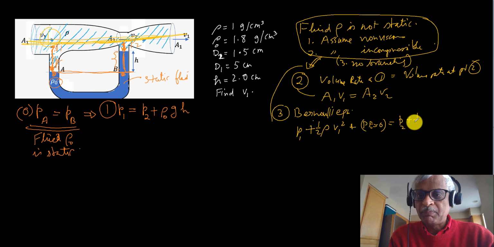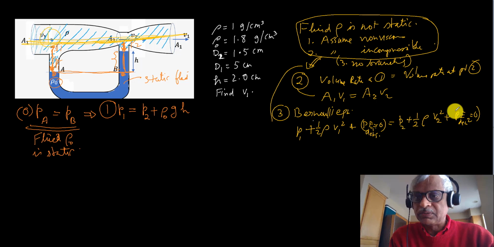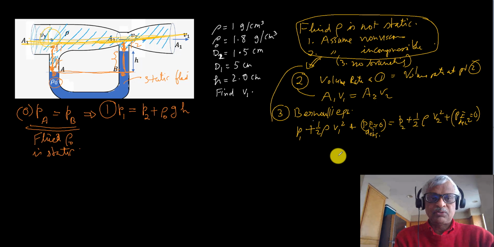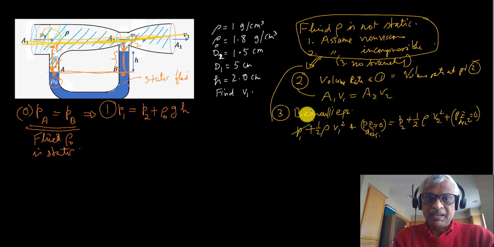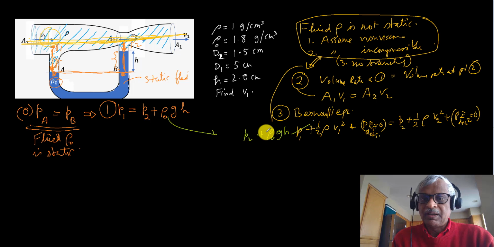P2 plus half rho V2 square plus potential energy on this side is 0. Okay, so P1 is that, and we can definitely write P1 as P2 plus rho 0 gh, and you can see that this P2 cancels with this P2.